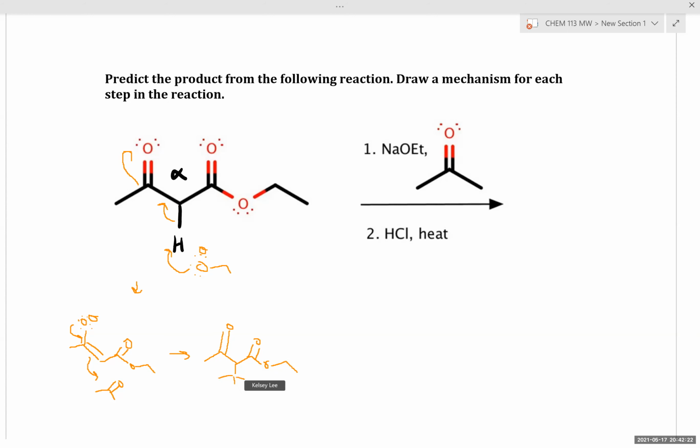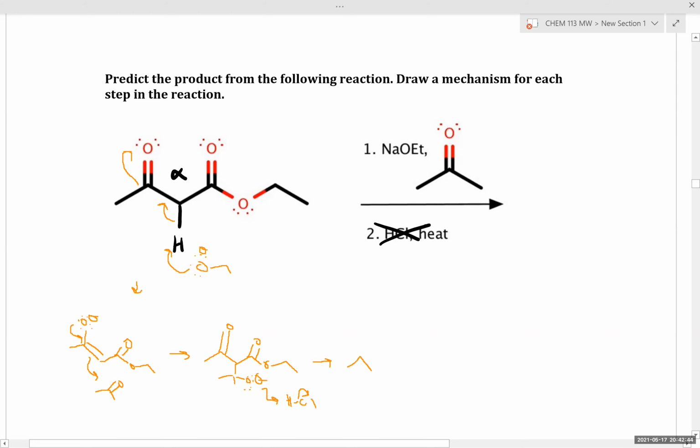From here, our enolate will attack the electrophilic acetone carbonyl carbon, and that generates our beta hydroxyketone product. One thing I'd like us to note is you actually don't need the hydrochloric acid for this substrate.